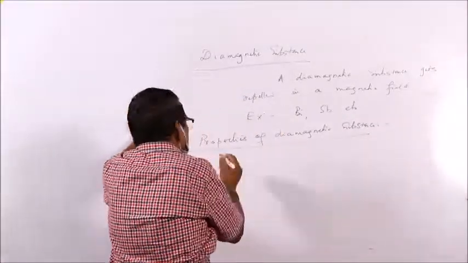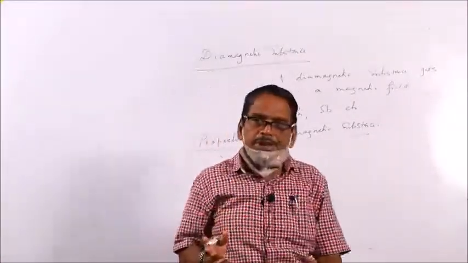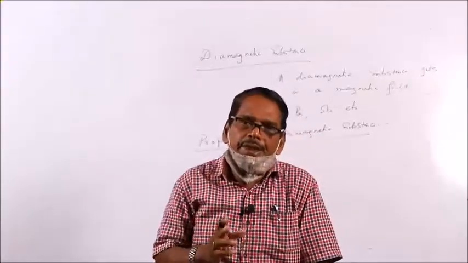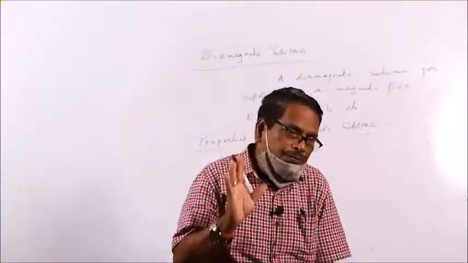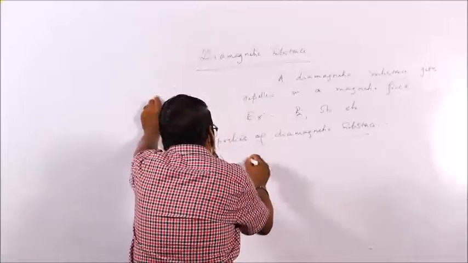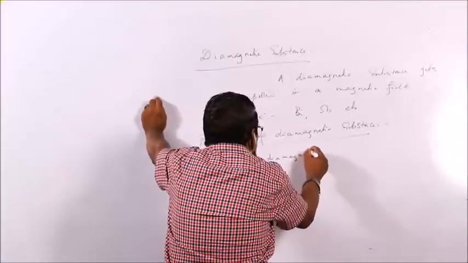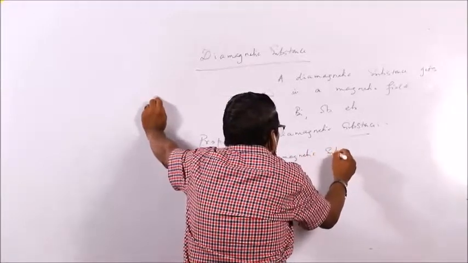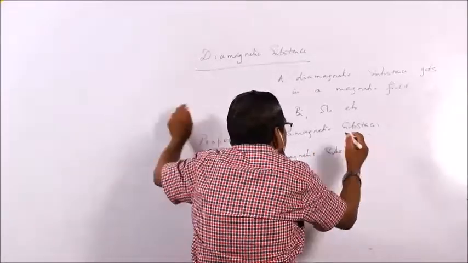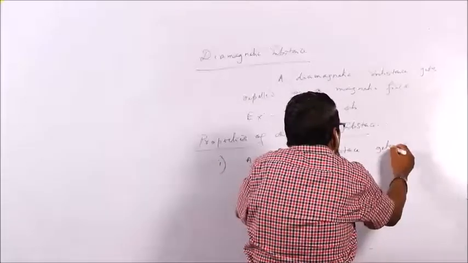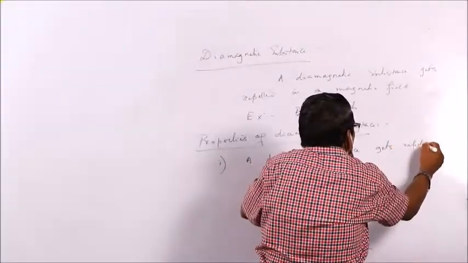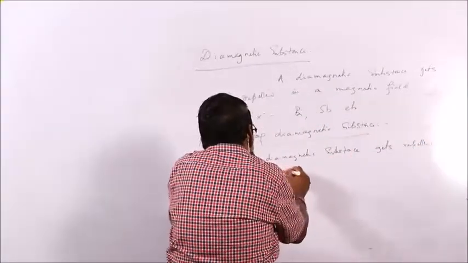The first property is a diamagnetic substance gets repelled in a magnetic field. That is very important.